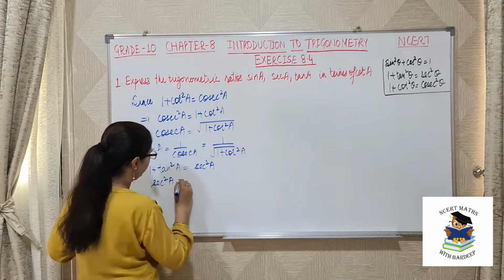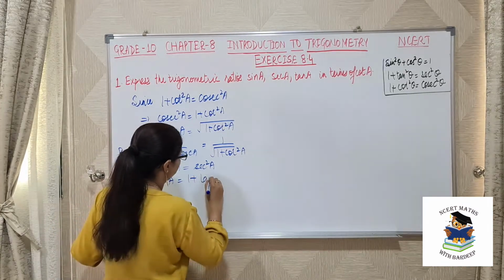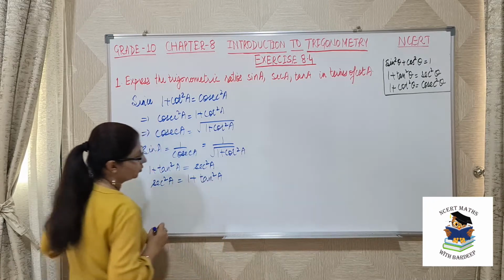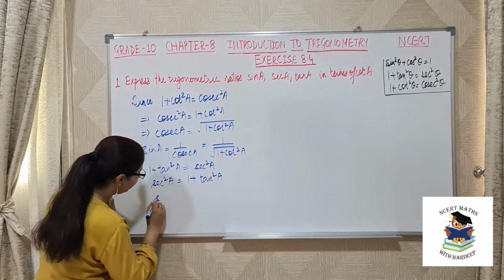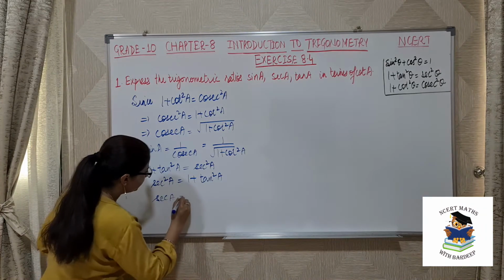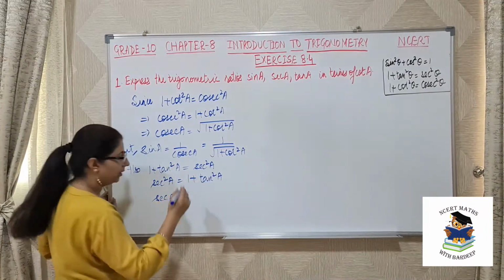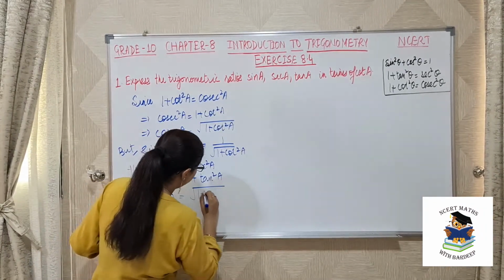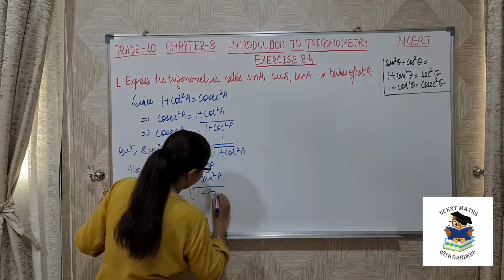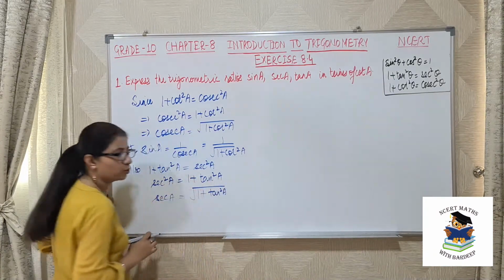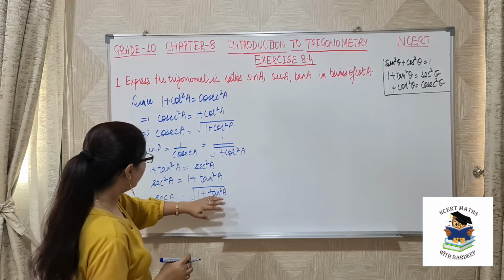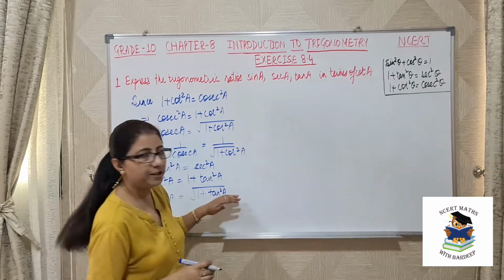So secant square A is equal to 1 plus tan square A, right? And what is secant A then? Since this is square, it will be square root on the other side, that is square root of 1 plus tan square A. Okay. So now I need this tan A to be replaced with cot A.